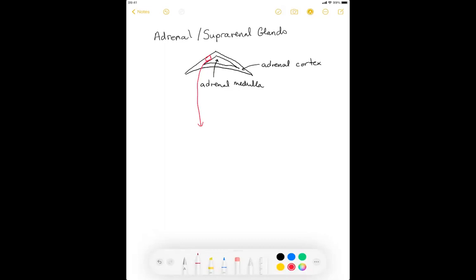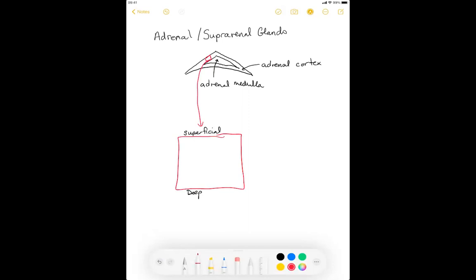We're going to take this piece of the adrenal gland, and this is going to be the superficial end, and this is going to be the deep end. The deep aspect is the part that's closest to the adrenal medulla.